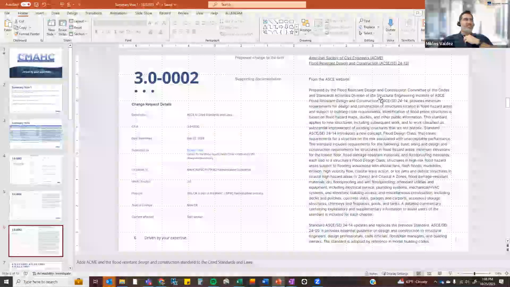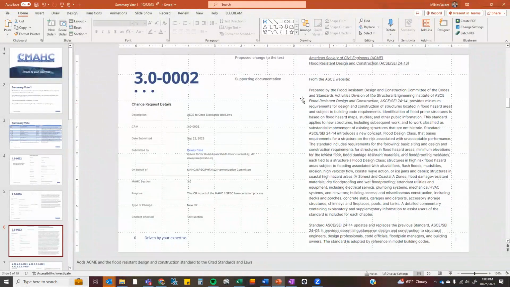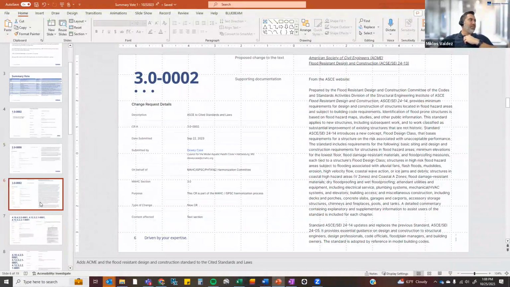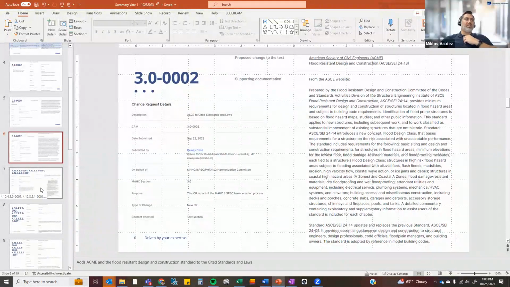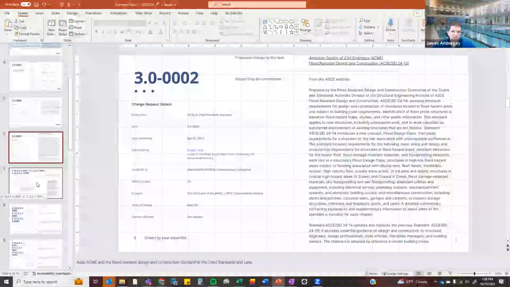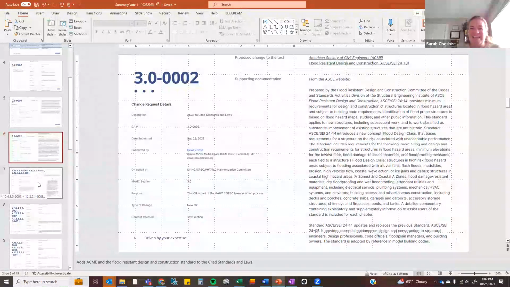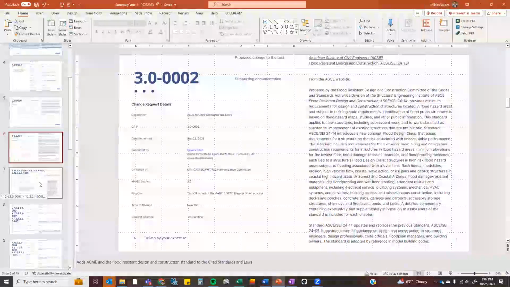Dewey, you did this. Is this just a typo? Yeah, that is a typo. Great catch. I think we should fix it. Yes, that will need to be fixed. The second line has a typo too. Same thing. It should be ASCE. Yeah, some operator errors there.